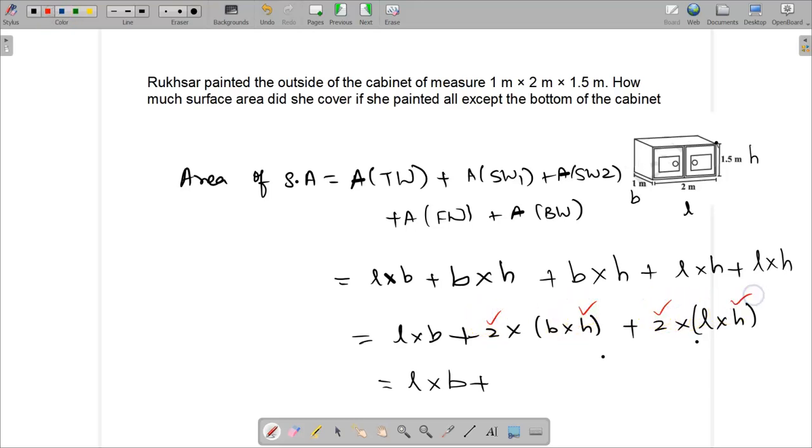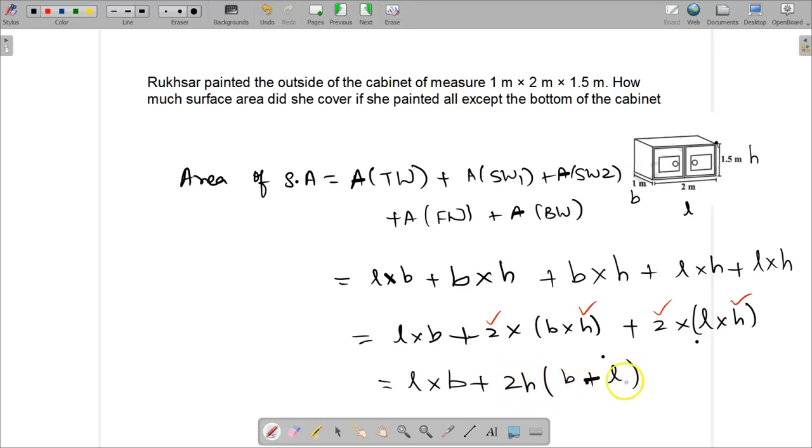Here also 2 and h. So we can simplify again by taking 2h commonly outside. What is the other term? It is b here, and l here. So like this you can also write your formula: length into breadth plus 2h into (b plus l), or (l plus b). That is the formula for the surface area of the 4 walls of a cuboid.